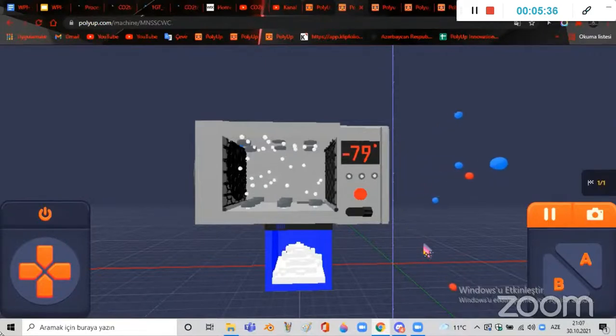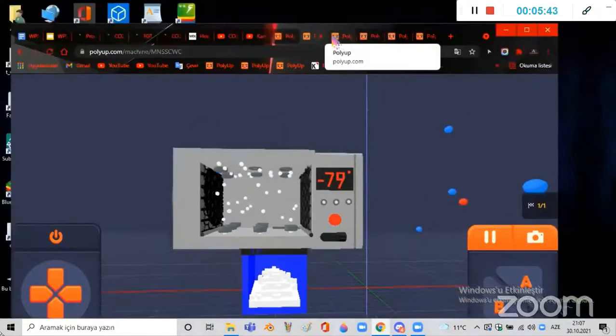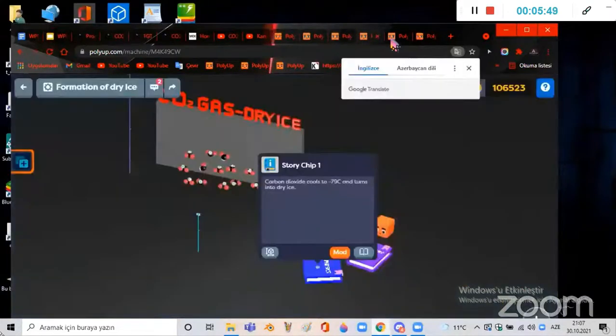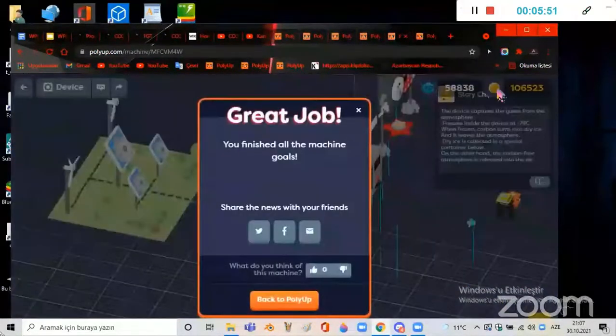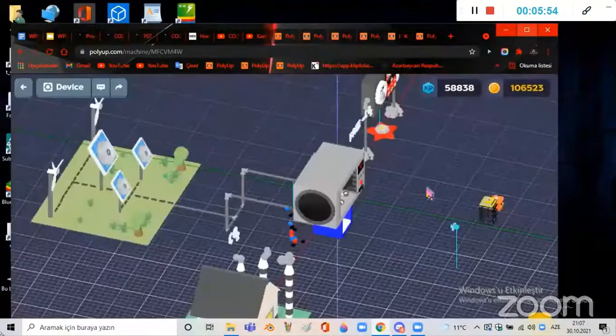A machine is showing the project process. Project process machine.